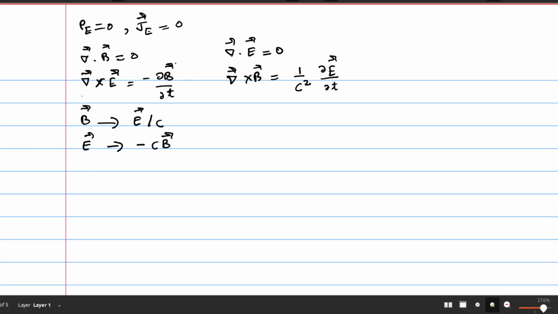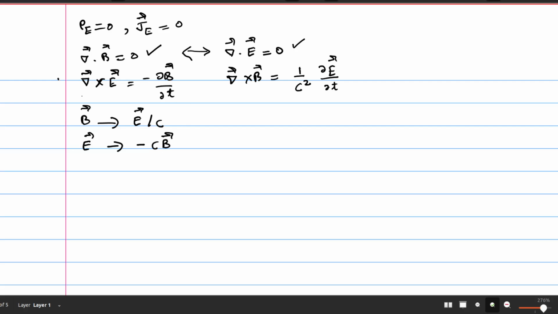This is obvious for divergence of B and divergence of E. For example, if in divergence of B equal to 0, we replace B with E by C, we get divergence of E equal to 0. And if in divergence of E equal to 0, we replace E with minus CB, we get divergence of B equal to 0.